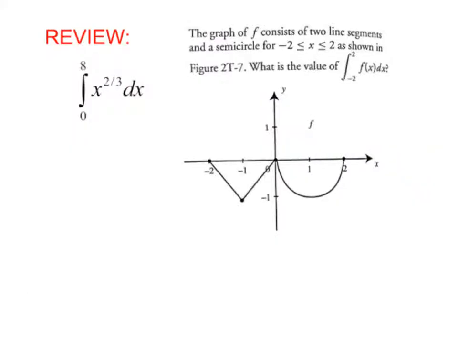And here we've just got a little review. First of all, an integral. If I raise the power by 1, it becomes 5/3. Divide by the power, 3/5. Plug in 8, plug in 0. 8 to the 5/3, you could write that.